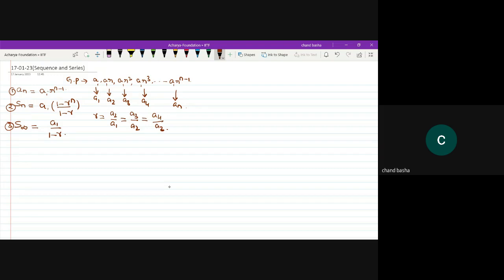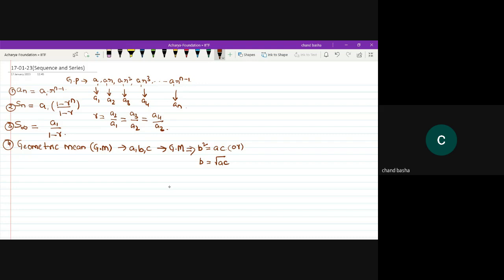I can add one more point, that is the geometric mean, like the arithmetic mean. Suppose three numbers A, B, C are given; then the geometric mean satisfies B square is equal to AC, or we can write B is equal to square root of AC.